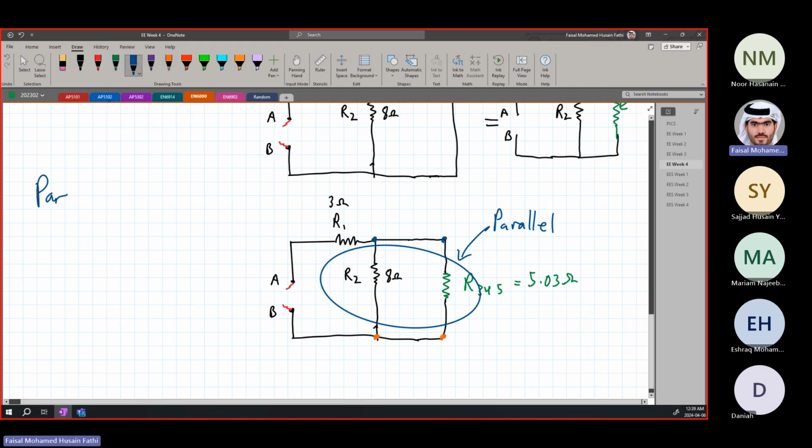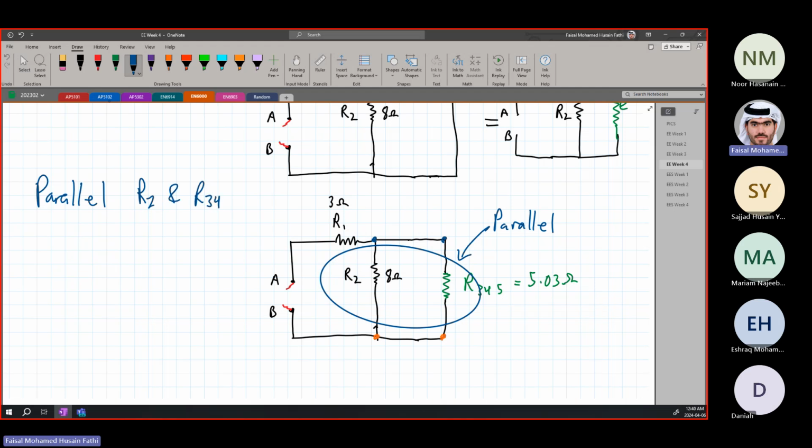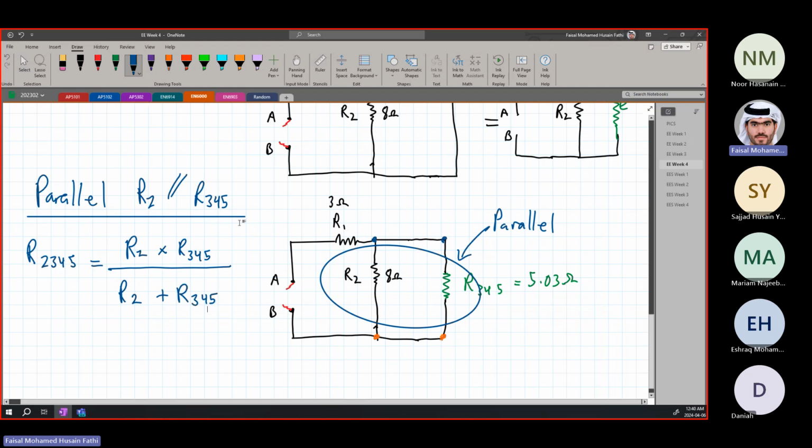So parallel, R2 with R3 4 5. Since they are parallel, we can write that R2345 equals R2 times R3 4 5 divided by R2 plus R3 4 5. Okay?